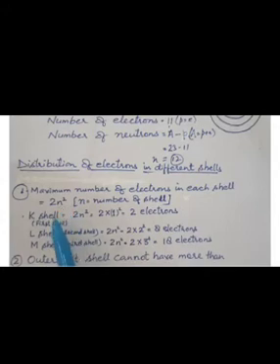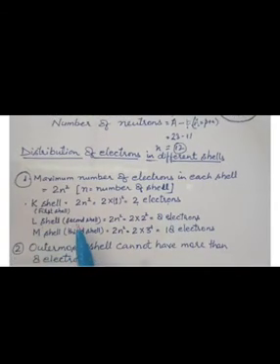For example, the first shell, that is your K shell, contains a maximum of how many electrons? 2 electrons. Why? Because 2 into n square, where n is the number of the shell. So 2 into 1 square is equal to 2. So the maximum number of electrons in the first shell would always be 2. The L shell is the second shell, and second shell means 2n square, 2 into 2 whole square, that is 2 2s are 4 and 4 2s are 8, means the maximum number of electrons in the second shell would be 8 electrons.